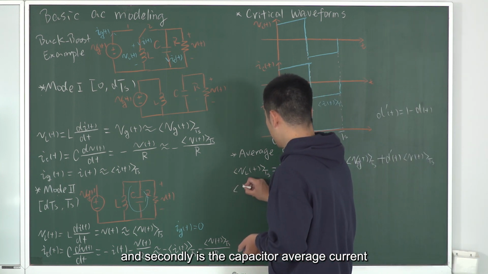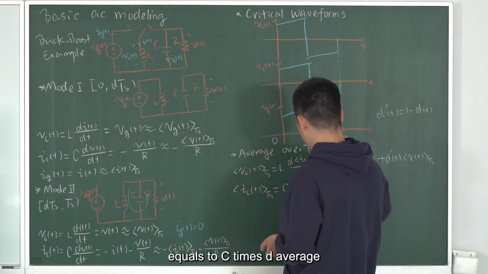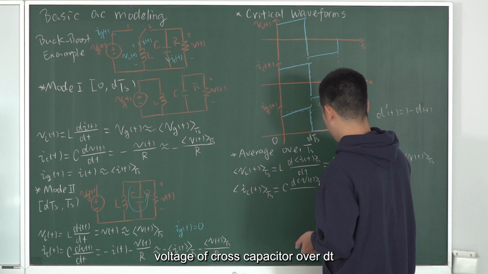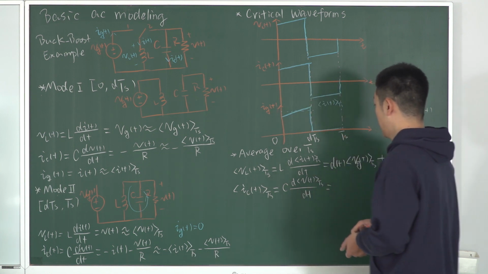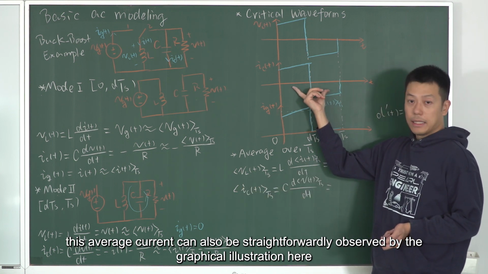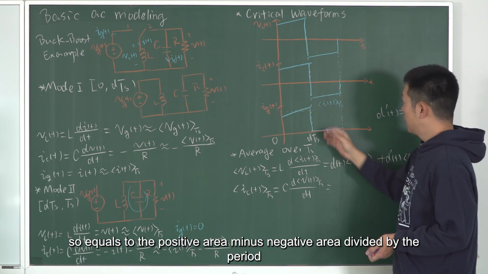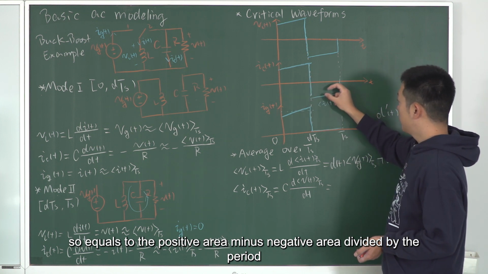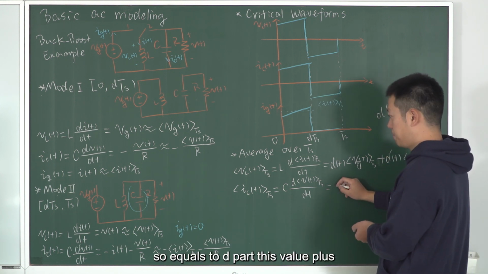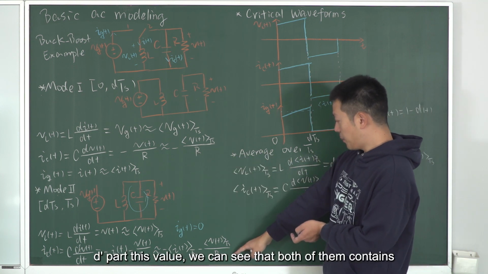And secondly is the capacitor average current, which equals C times d of the average voltage across the capacitor over dt. This average current can also be straightforwardly observed from the graphical illustration here, right? So it equals the positive area minus the negative area divided by the period. So it equals the D part, this value, plus the D prime part, this value.